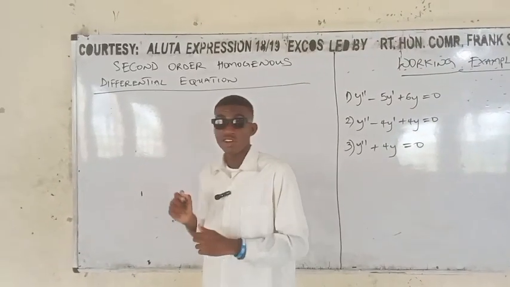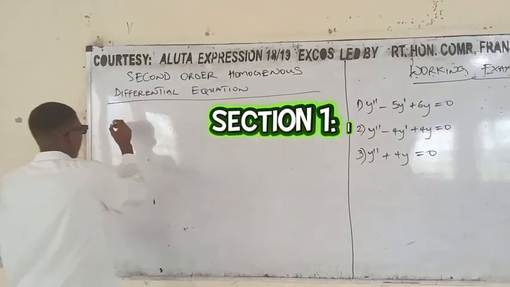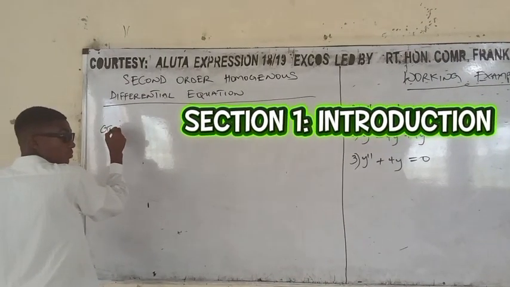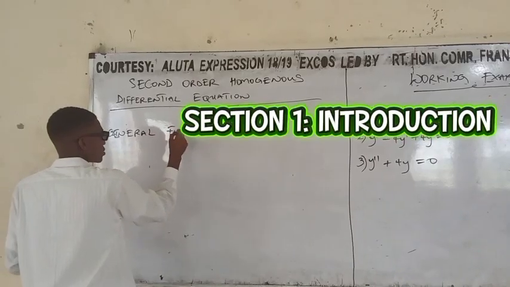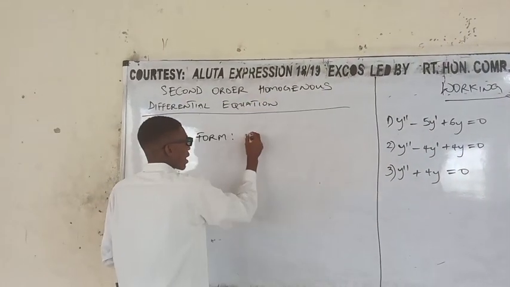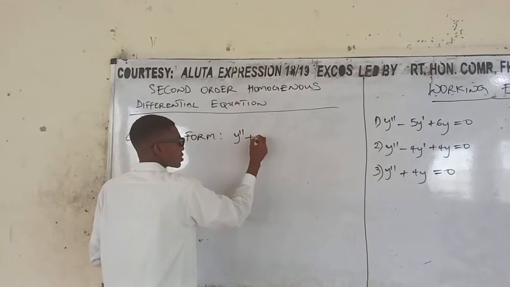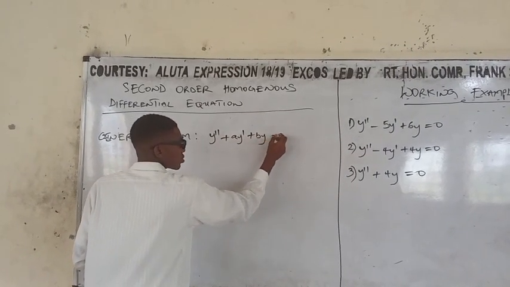Okay guys, the general form of a second order homogeneous differential equation is y'' + ay' + by = 0.